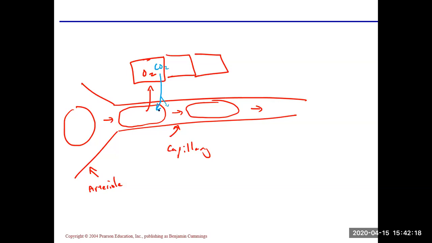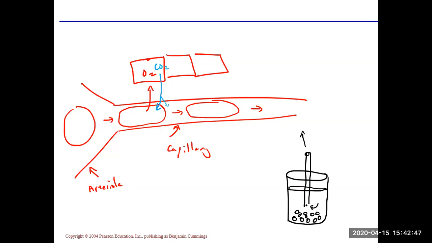What it reminds me of, I don't know if you ever had this, but there are boba drinks. There are some tapioca balls like right here. It looks like that, and then you have this straw. As you're taking up the drink, which is similar to the plasma, you're also taking these boba, but only one at a time passing through.